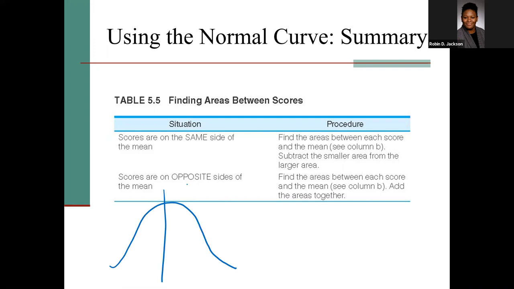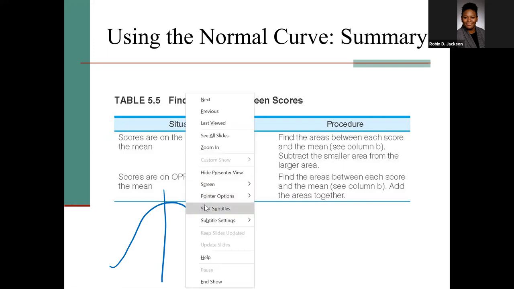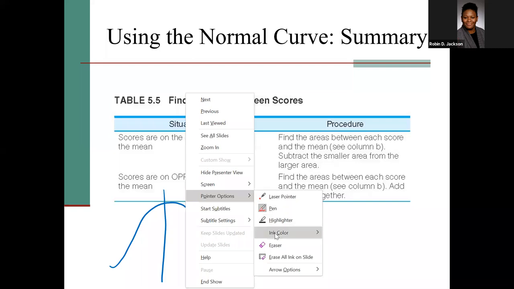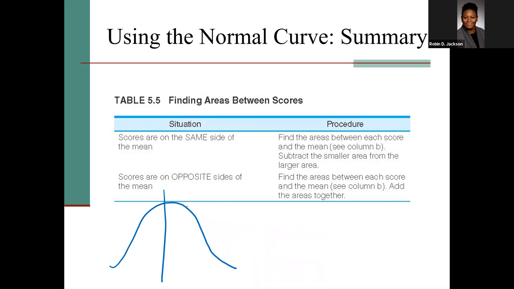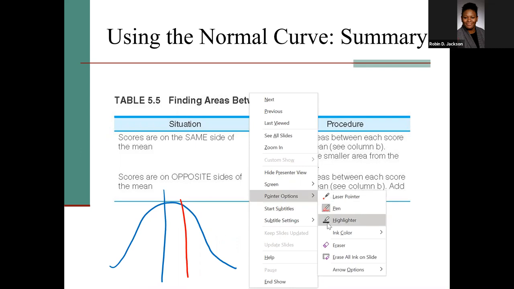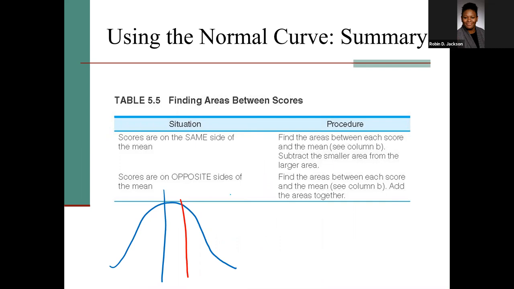Let me do this in a different color ink. Let's say score 1 is in red, and then we have another score, score 2, in cyan, whatever this blue is.